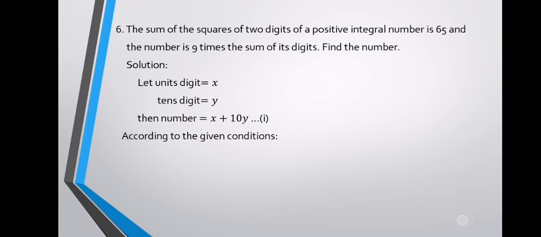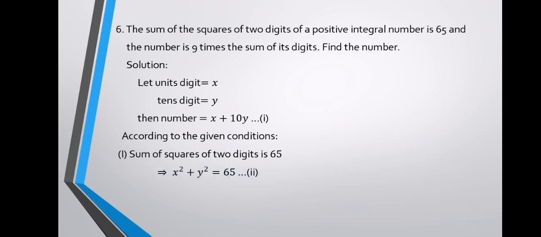According to the given conditions, the sum of squares of two digits is 65. There are two conditions for this particular sum. First is the sum of squares of two digits is 65. One digit is x and the other one is y. The sum of their squares will be x square plus y square.